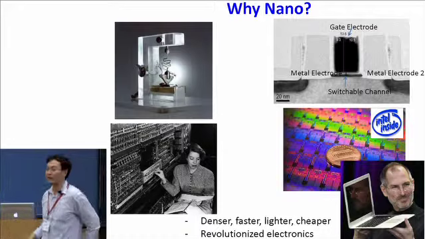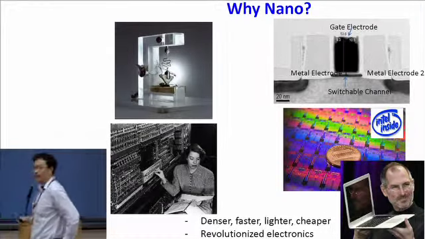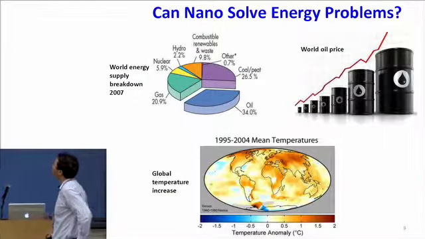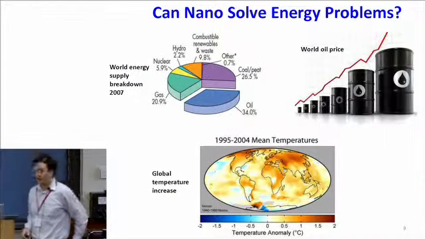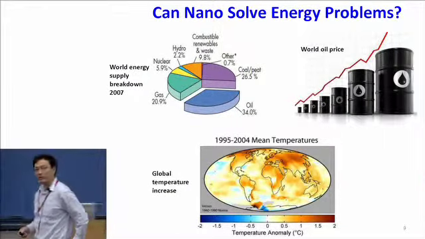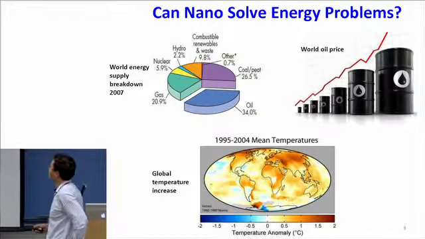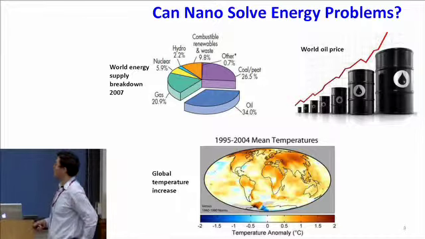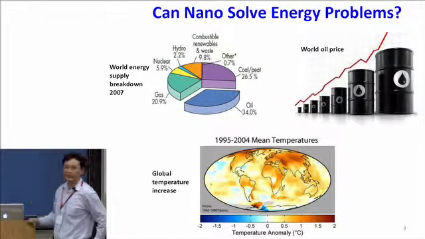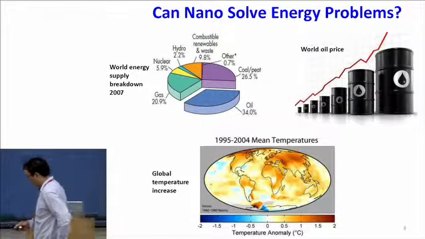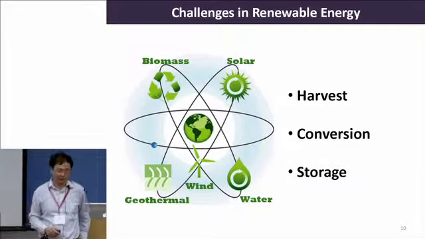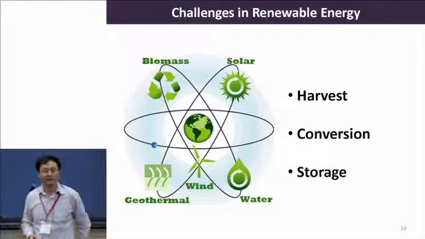It has done that to electronics, but can it do the same thing to energy? Right, so there are a lot of challenges in energy. I'm sure you have heard about this through this workshop. You know, right now we're using fossil fuels and we're getting all those steep increases in fuel prices. So the question is, can we use renewables, right?